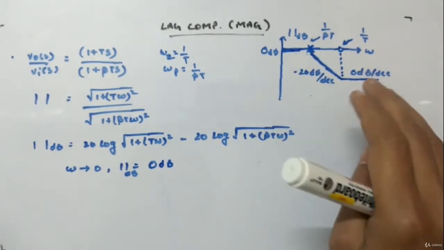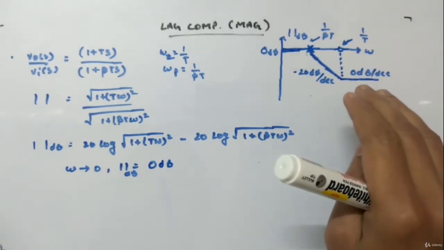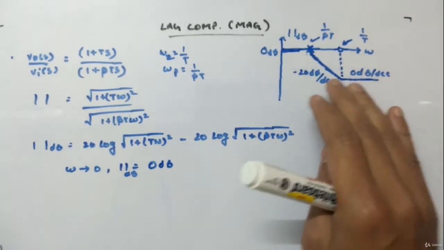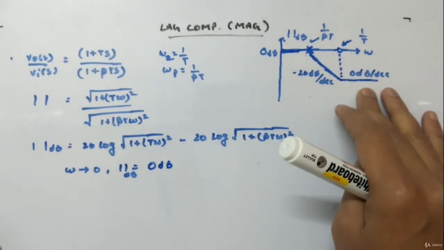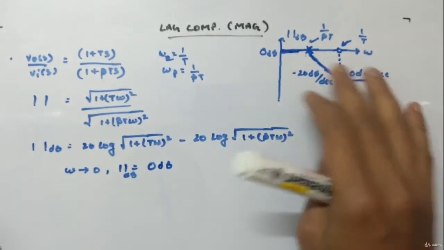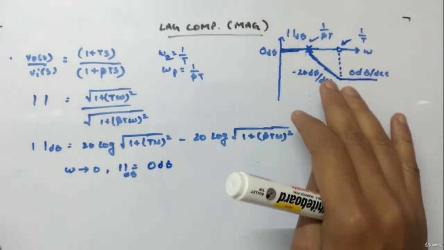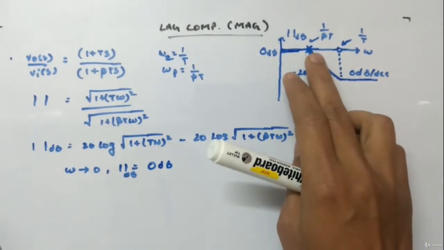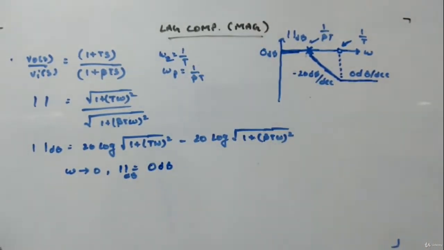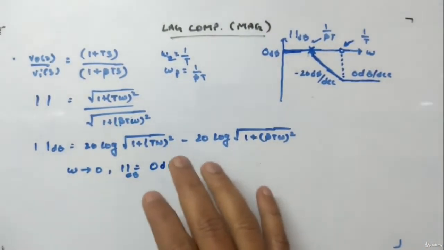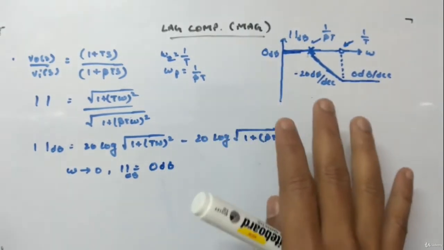Because of this 0, a plus 20 dB per decade slope will be there, so adding both of them you will get 0 dB per decade. Okay, so this will be the magnitude plot of the lag compensator, calculated the same way as for the lead compensator.